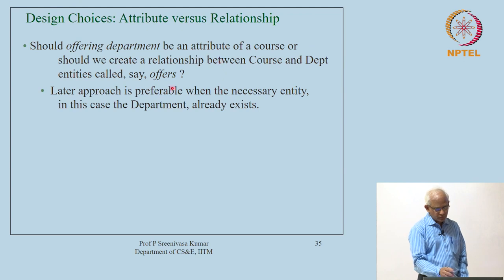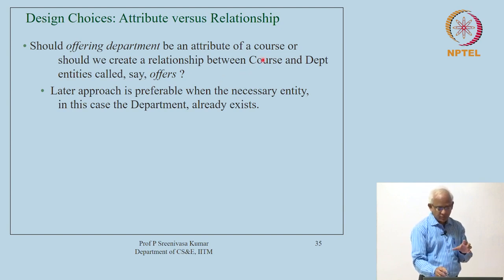Now what we are talking about is, for a particular entity like course, should some piece of information be modeled as an attribute or as a relationship? Again, this is a design choice.